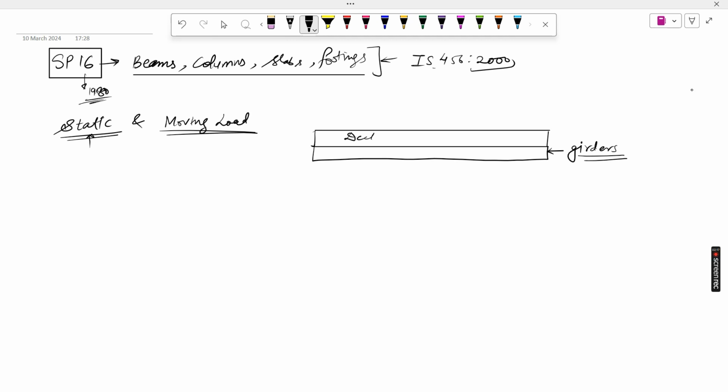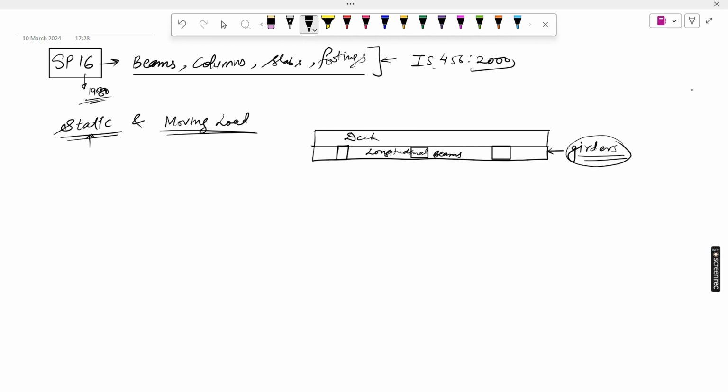This is our deck, this is our longitudinal beams, longitudinal beams means longitudinal girders, they're the same, and the laterals are also there, which go inside throughout the plane.